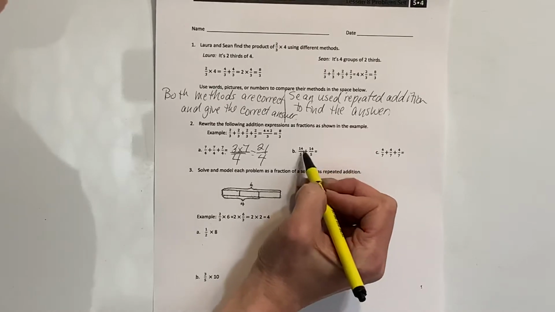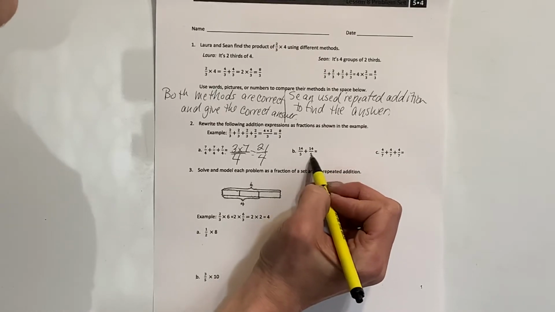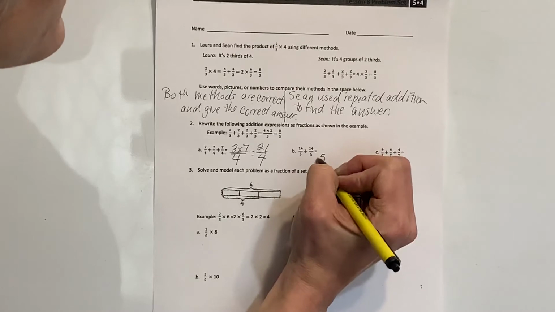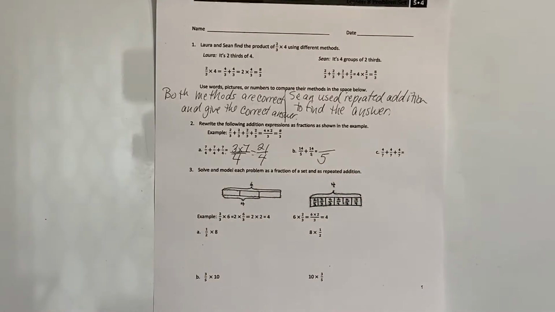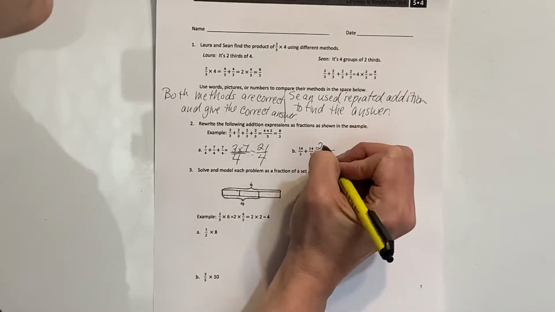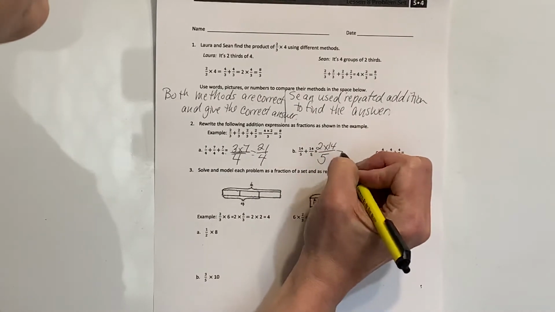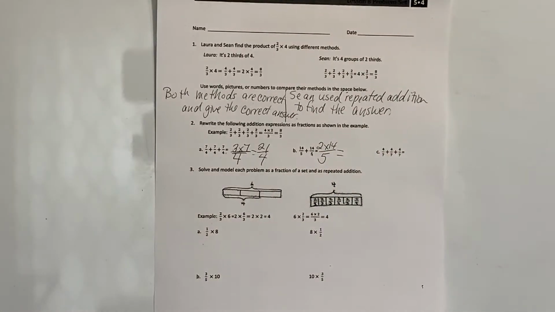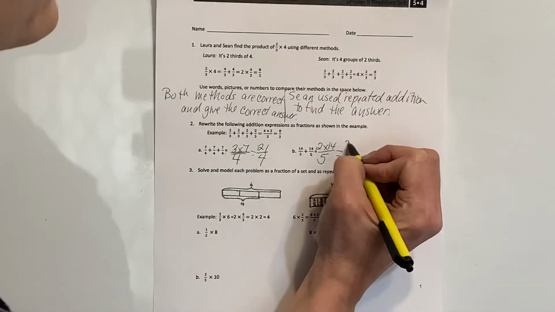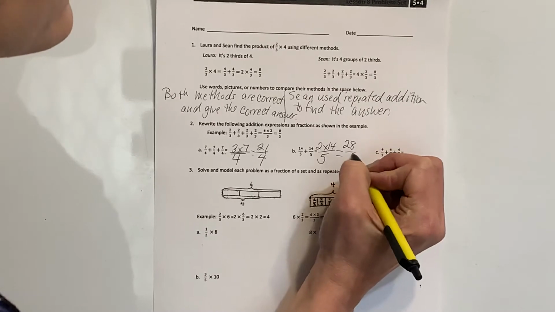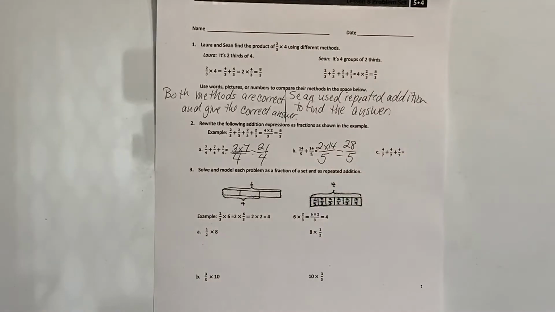All right? So let's take a look at letter B. We've got 14 fifths plus 14 fifths. So I know that we're counting by fifths. The fifths, that's not going to change. So I know I have 2 14's. 2 14's is the same as saying 2 times 14. So that would be 28 fifths. 2 14's is 28.